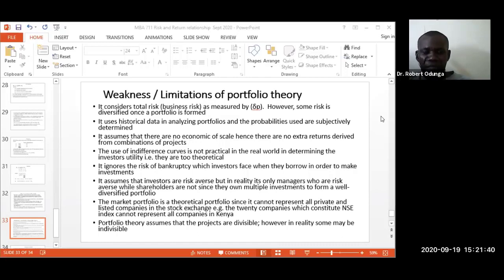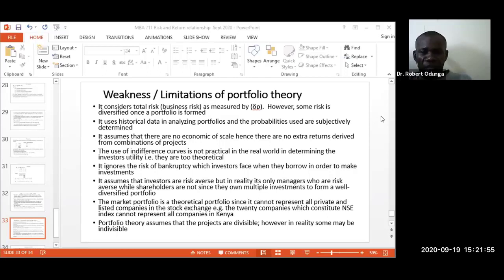But shareholders may have their own portfolios where they are putting their money in several companies in terms of shares, assuming you are buying shares of several companies.